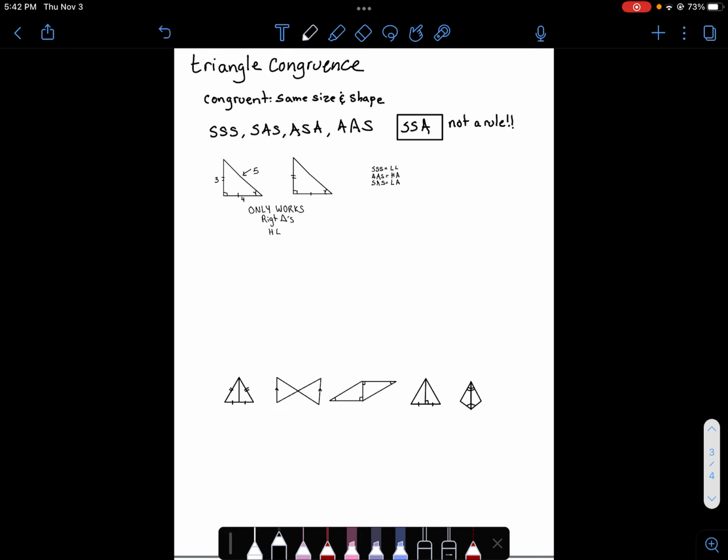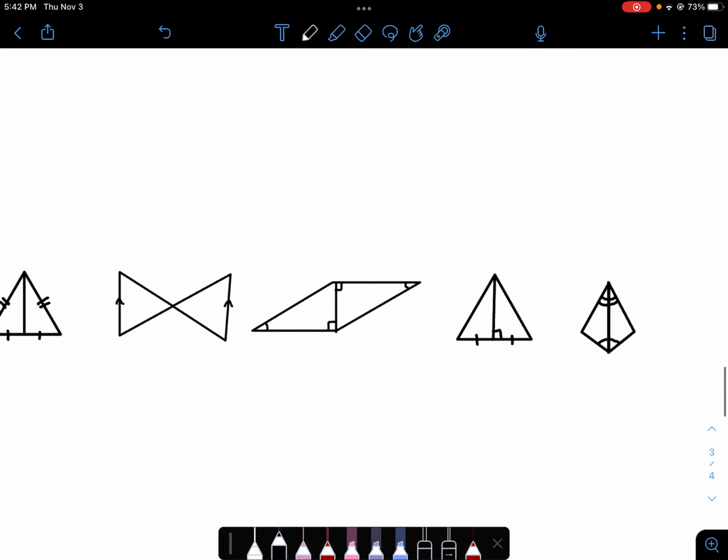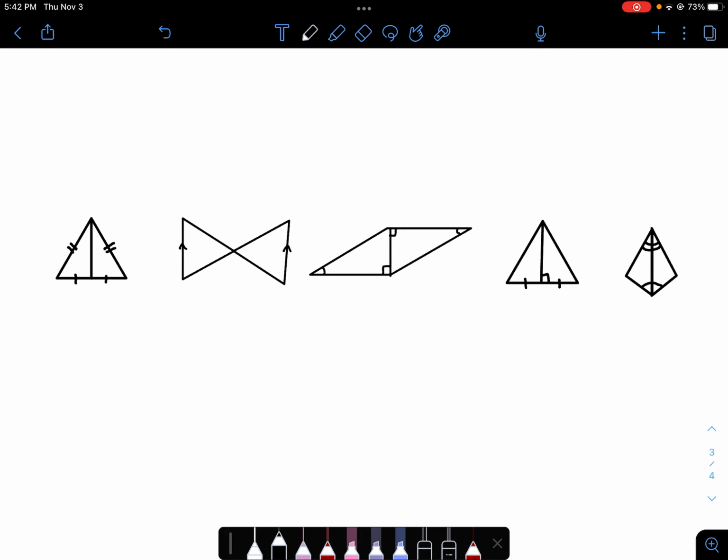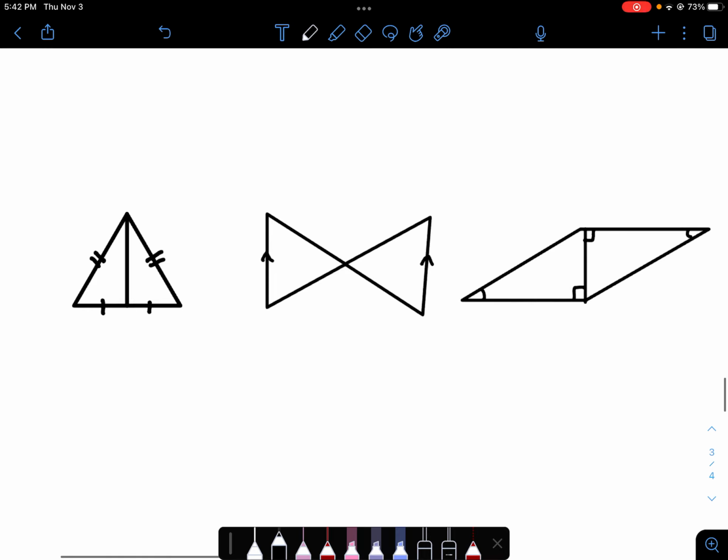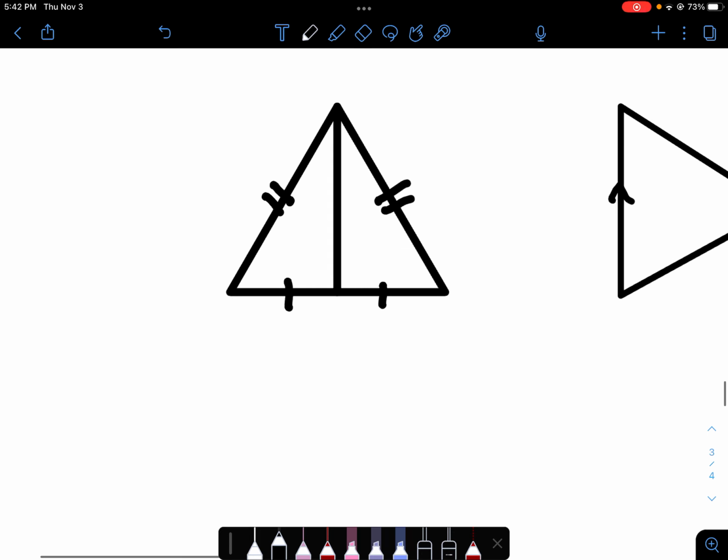So let's get into some work. Now we're going to see what makes these triangles congruent. So let's go through this. We have two legs, but we don't know if this is a right triangle. So what are we going to do?